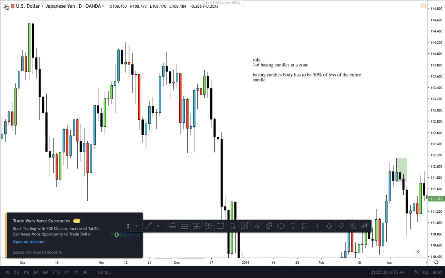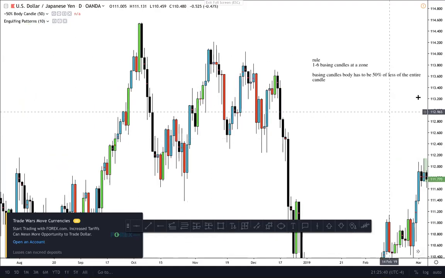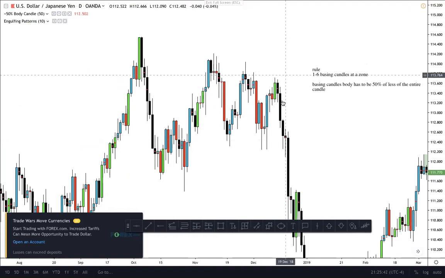It's not on right now, but if you look here, you'll see 50% body candles. I have it off, but when I put it on, I get a red dot on every candle whose body is less than 50% of the candle, a basing candle.